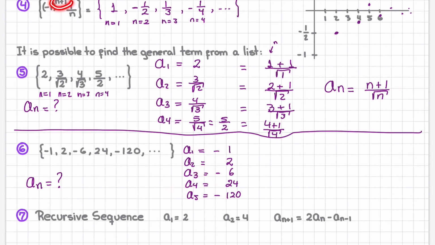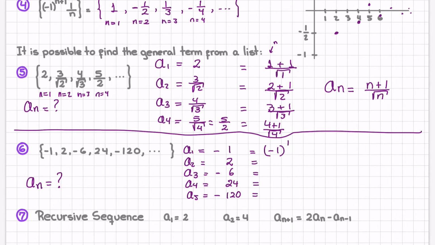Unlike this one, which was n plus 1. So the evens got the negative and the odds the positive. Here is backwards. The odds get the negative. So we can write this in terms of 1 as negative 1 to the first power. So I'm taking care of the signs first, okay?